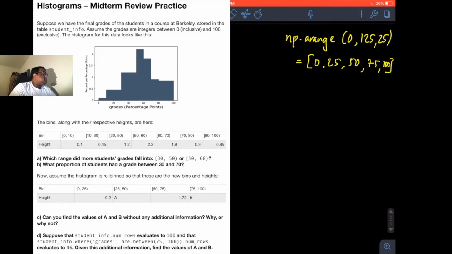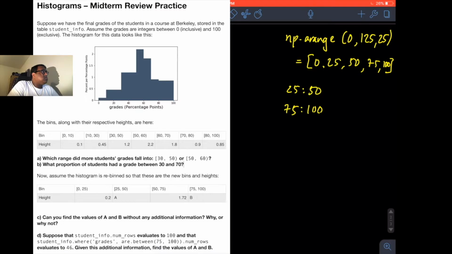So now they're asking us, can you find the values of A and B without any additional information? Why or why not? Well, A and B are the heights of the 25 to 50 and the 75 to 100 bars, respectively. If we were able to find these heights without any additional information, it would be because 25 to 50 or 75 to 100 would be the sum of multiple bars from our original histogram.